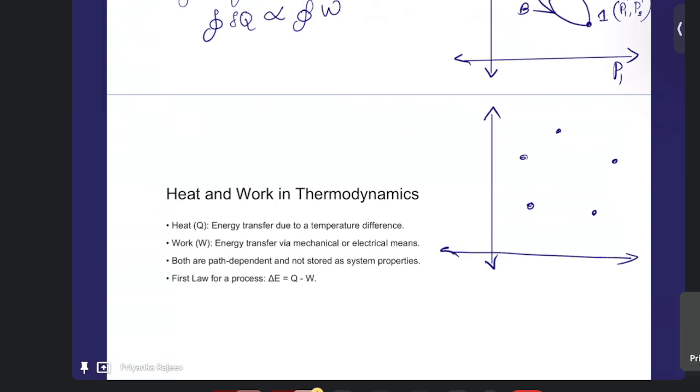So this is P1, P2, two intrinsic properties. State 1, state 2, state 3, state 4, state 5. There is one path, then a second path, a third path, a fourth path, and a fifth path. So this is a cyclic process, right?